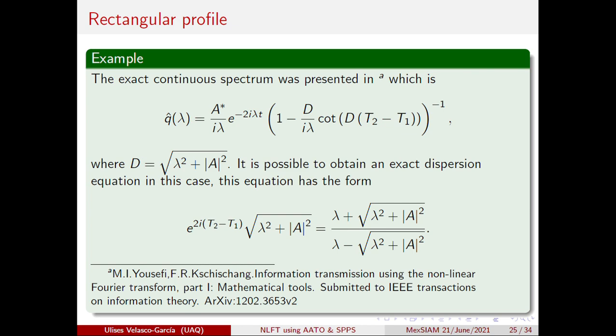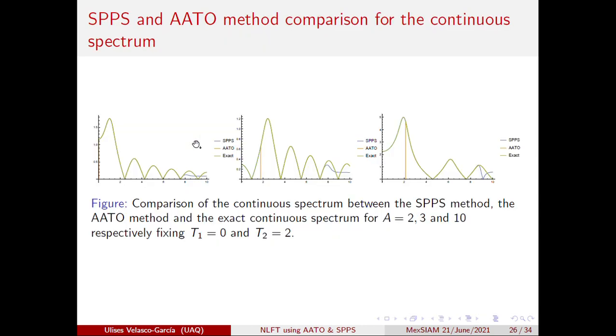So if we run the examples, we have the exact continuous and discrete spectrum for this potential, and we have the results here. In green, we have the exact solution, and look, the AATO is very precise when we are away from the origin, because remember we divided by the spectral parameter, so numerically it behaves badly near 0.